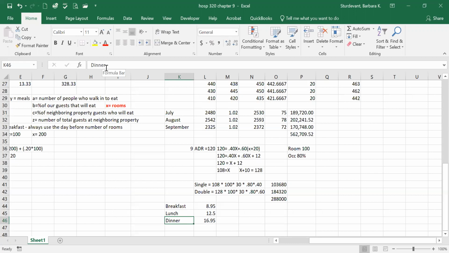Single rooms, 40% of them eat breakfast. So we've got to figure out the number of rooms that we sold. Let's go figure that out up here.